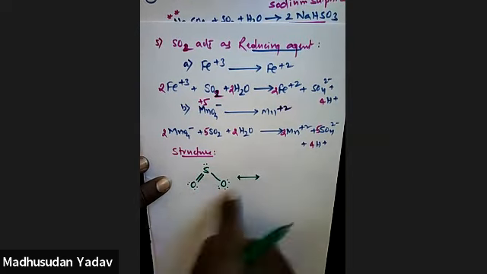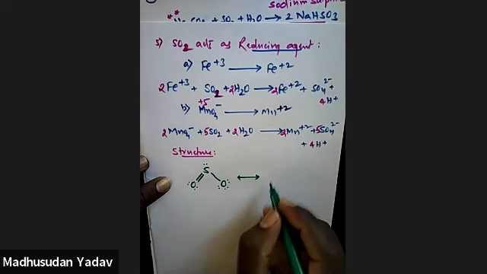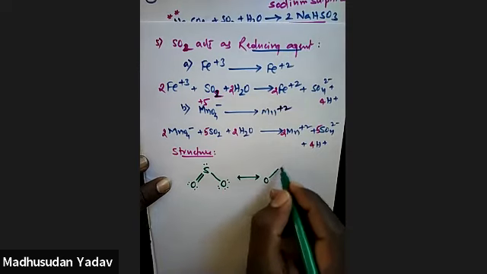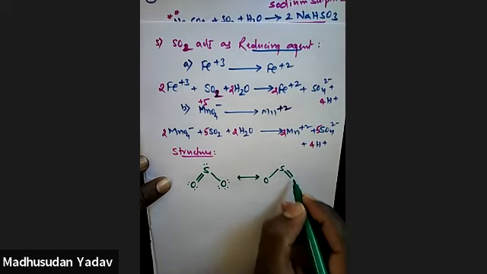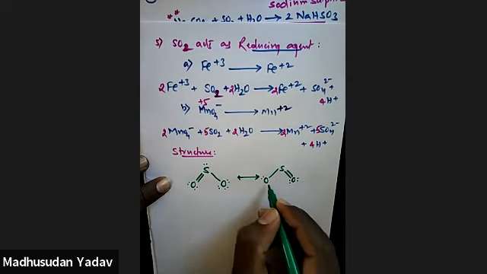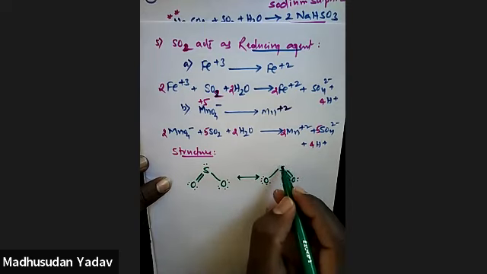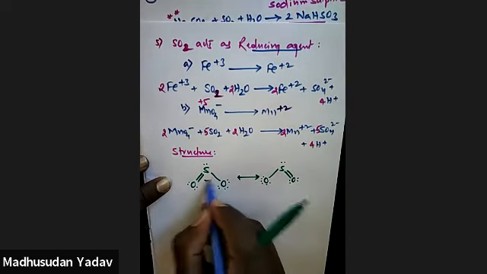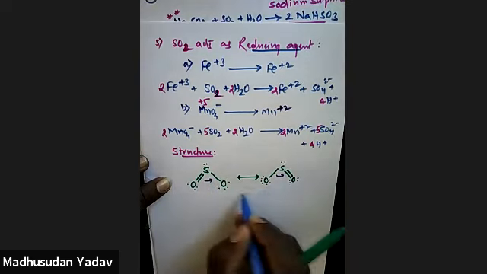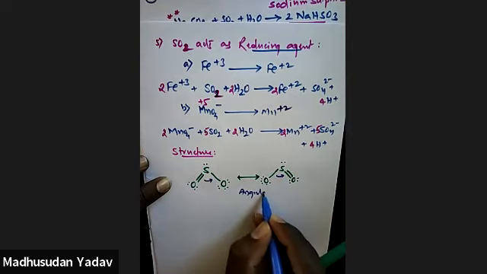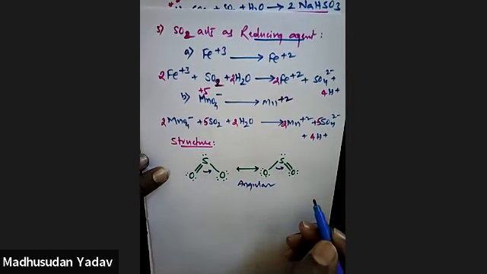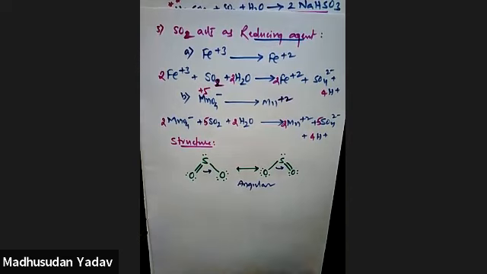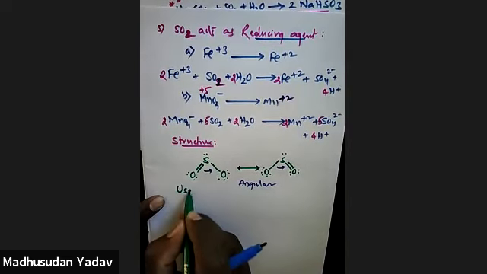So here this double bond may interchange. Which type of shape is it having? It is having an angular shape. That's it.